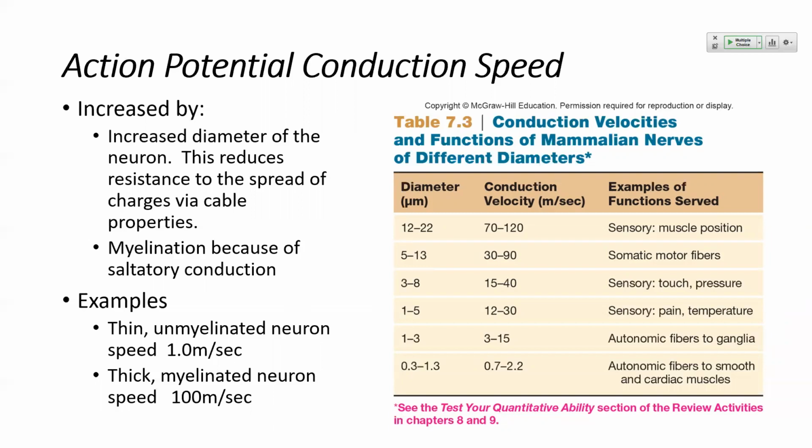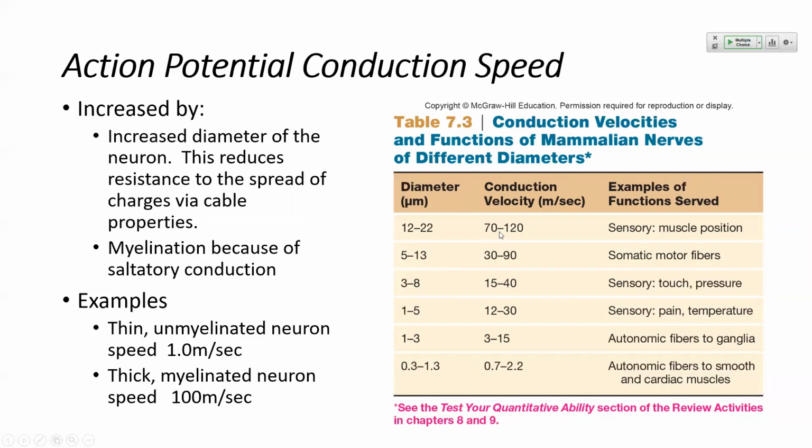And so if you look at a few examples here in this table to the right, we can see that the general trend is that sensory neurons typically have a larger axon diameter.